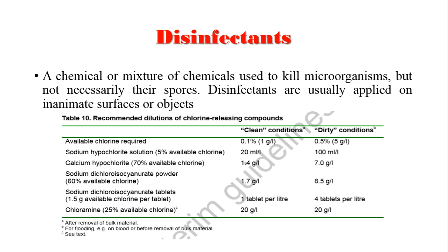So in this first table you are seeing they all are chlorine based disinfectants, and they are very useful and very potent even against viruses. Therefore they are widely used for surface cleaning in the laboratories.